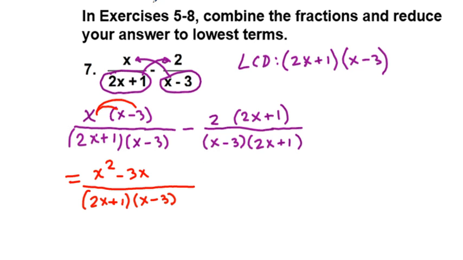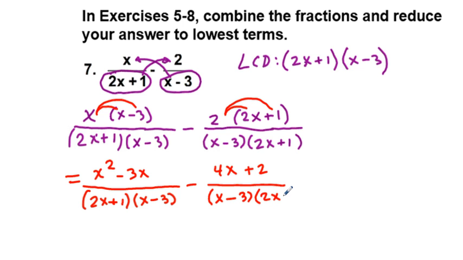And then we're going to subtract out, minus, we have 2 times 2x and then 2 times 1, so we have minus 4x, 2 times 2x is 4x, and 2 times 1 is 2, so plus 2. Over the same thing here, quantity x minus 3 times quantity 2x plus 1.